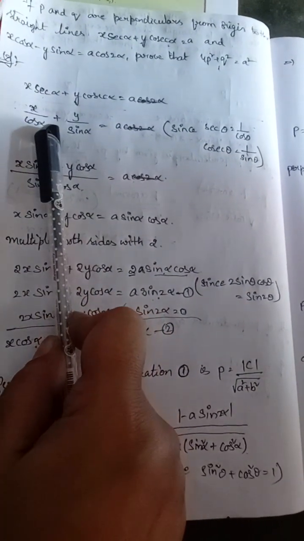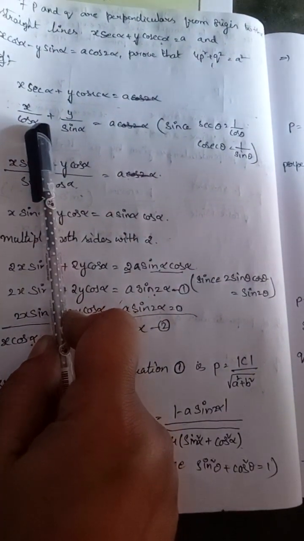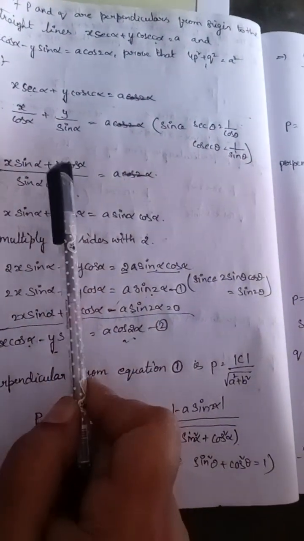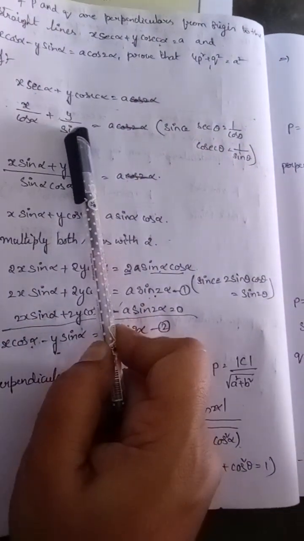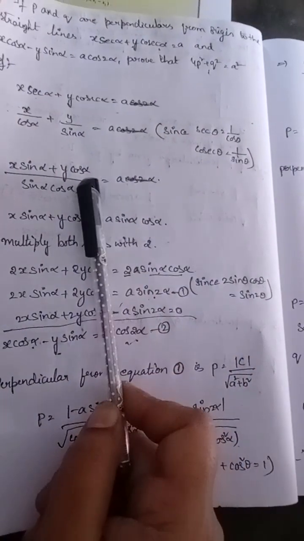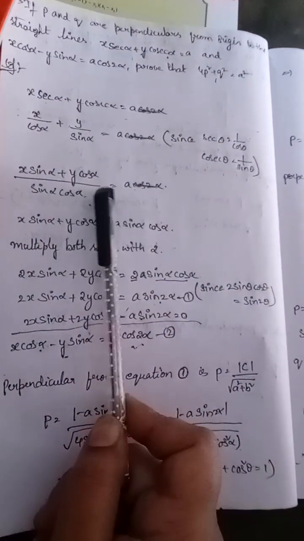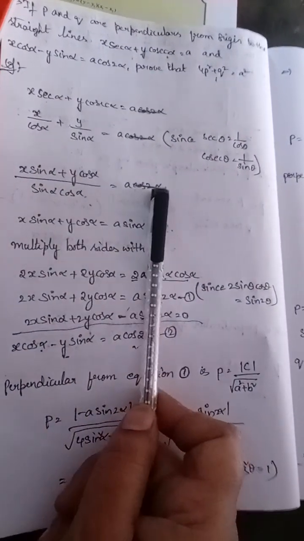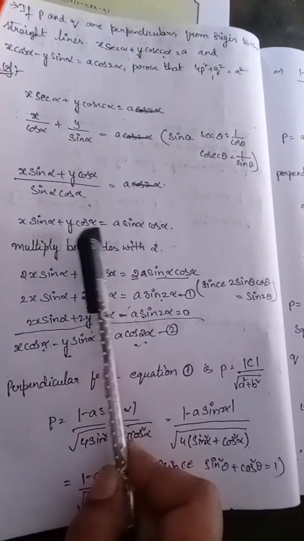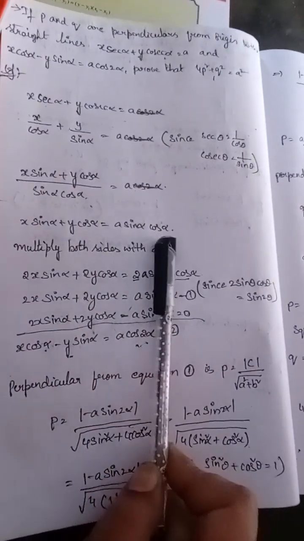Here cos alpha is there, so sin alpha into x, plus here sin alpha is there, so cos alpha into y, that is y cos alpha, equals A. Now bring this denominator to the other side. We get x sin alpha plus y cos alpha equals A sin alpha cos alpha.